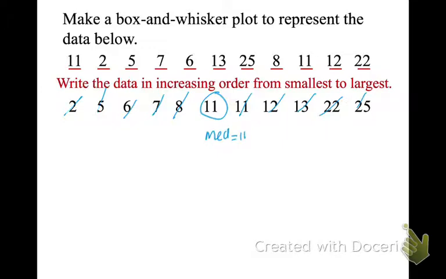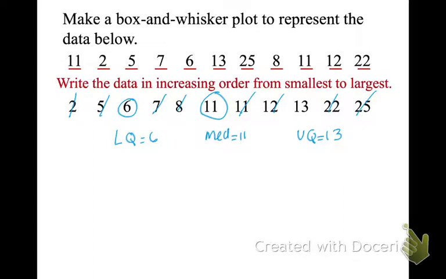Now, for my lower quartile, again, I'm going for the middle, and it's a 6. My LQ is 6. My upper quartile is 13.